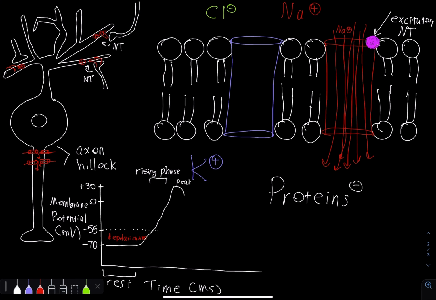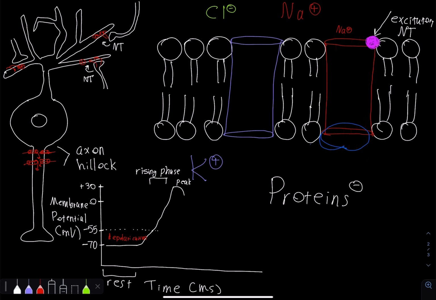It comes over here and moves in the way of the sodium ions. If I drew it, it would look like this. It comes in and blocks these sodium ions from coming in, so the sodium can no longer come in. It basically blocks the sodium channel. The sodium channel is not necessarily closed, but it's inactivated. Sodium just cannot flow through there because of the physical barrier of this little protein.